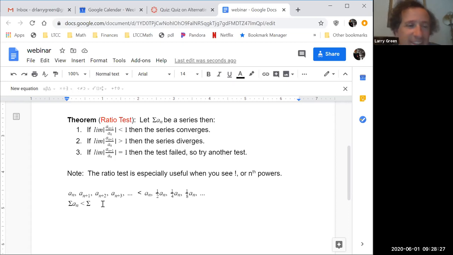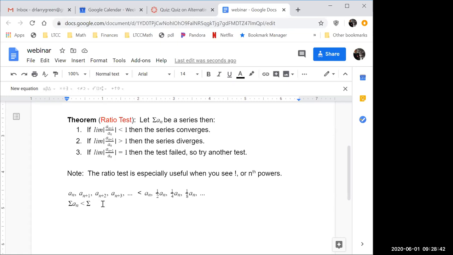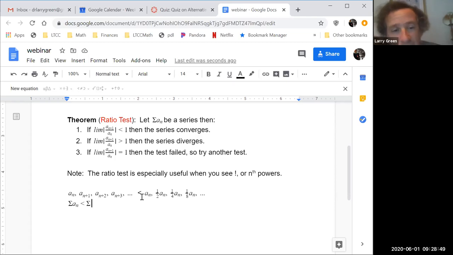Okay, so what do we have? We have summation a sub n is less than, well, what happens when I add up all these other terms? Shouldn't it be just a sub n? Right. Well, in particular, though, now I'm going to think about, let's call it a naught instead of a n. It's going to be a naught times 1 over 2 to the n, or 1/2 to the n.